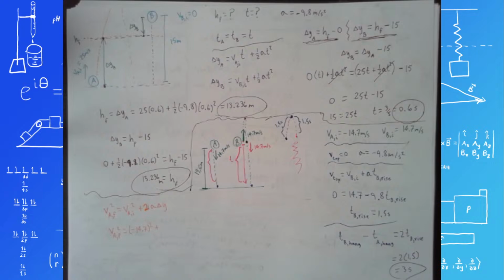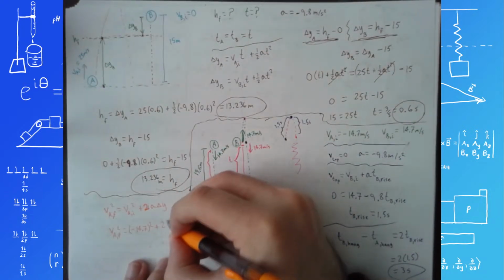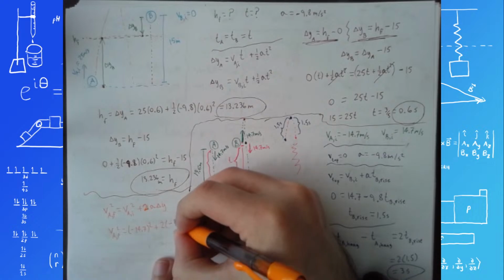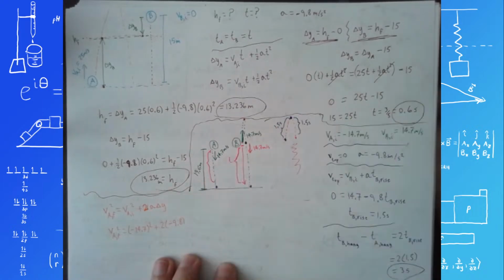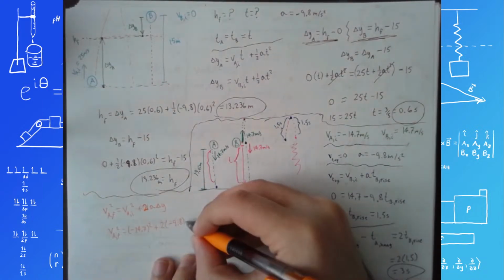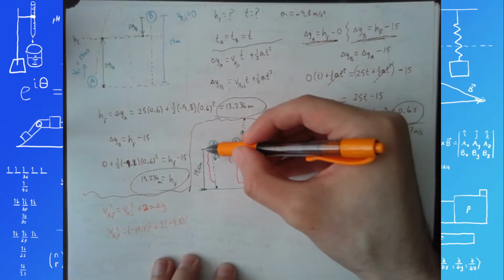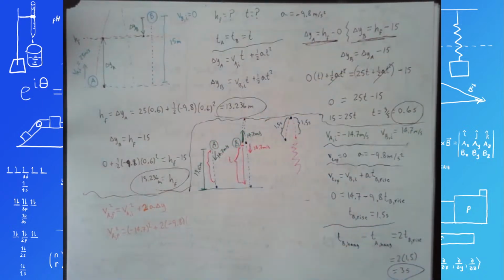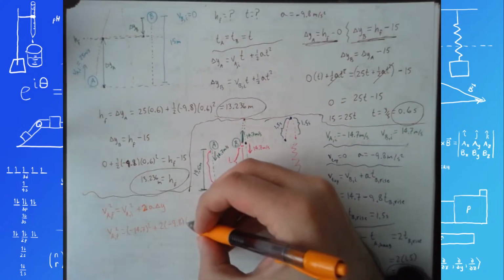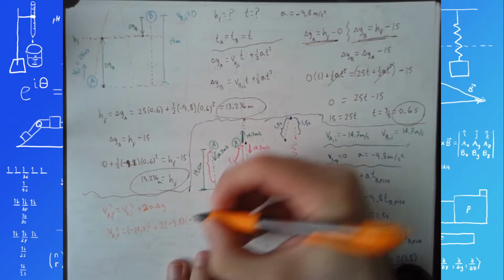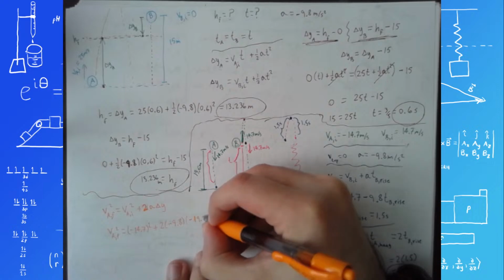And then plus, we've got 2 times, our acceleration is negative 9.8. And our displacement is, be careful about this, we're going down, not up. We're going down 19.6 meters. So it's going to be negative 19.6 for our displacement.